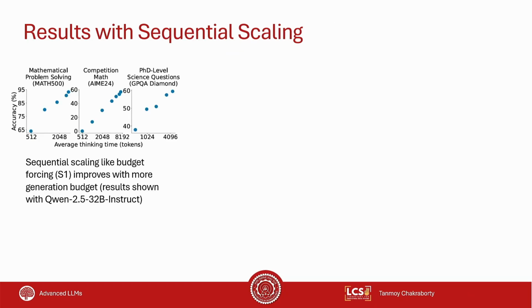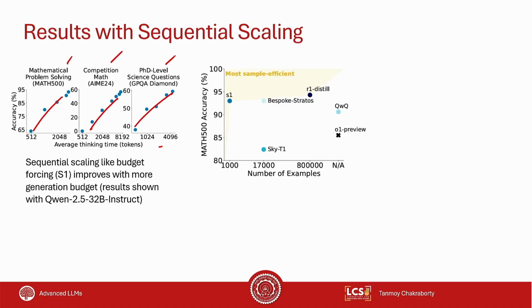Now this is the result of the S1 paper. The x-axis indicates the number of thinking tokens, the total number of tokens in the reasoning. The y-axis is the accuracy, and you see the slope is pretty good, pretty high across datasets.